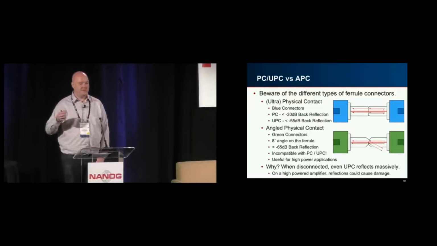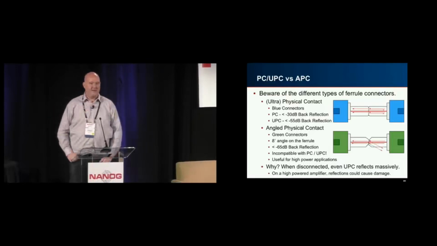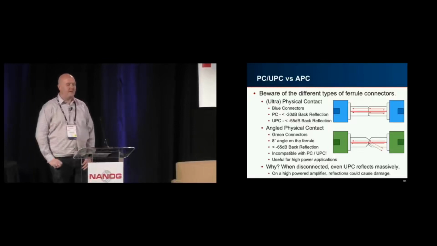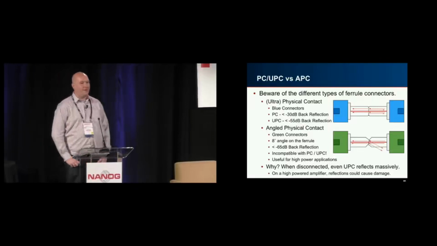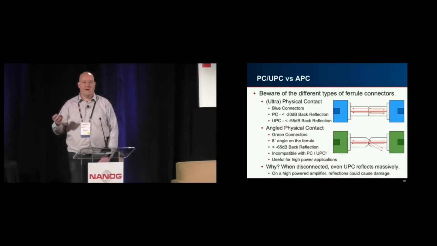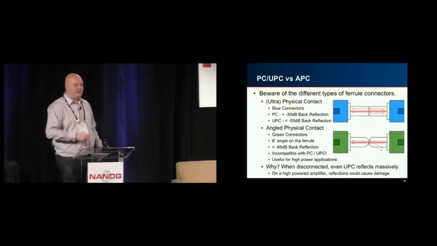What's happening here is a straight contact, where the fibers align perfectly flat against each other. In a PC standard, you're guaranteed a minus 30 dB back reflection, and in a UPC, you're guaranteed minus 55 back reflection. So less reflection happens in this.